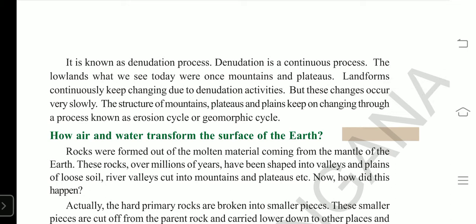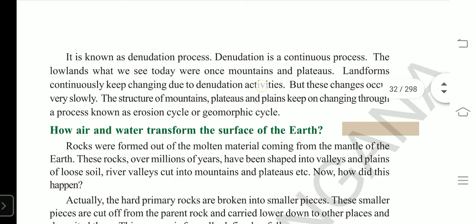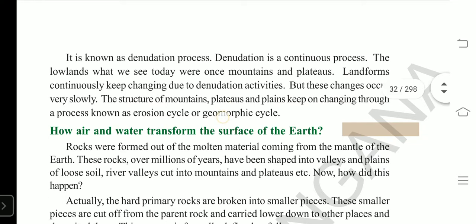So what I want to say today is that the mountains and plateaus we see, once upon a time were different in shape and size, and they transformed by the wind and water. So the structure of mountains, plateaus, and plains keeps on changing throughout its life cycle, that is called erosion cycle or geomorphic cycle.